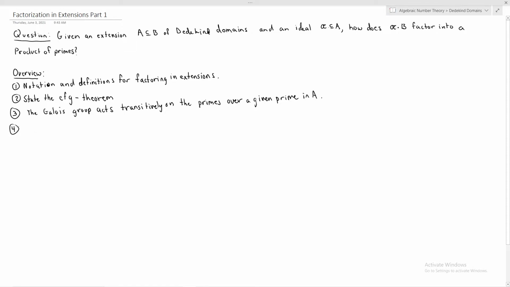And then the last thing is we'll prove another lemma, which allows us to compute some relevant numbers in a useful way.